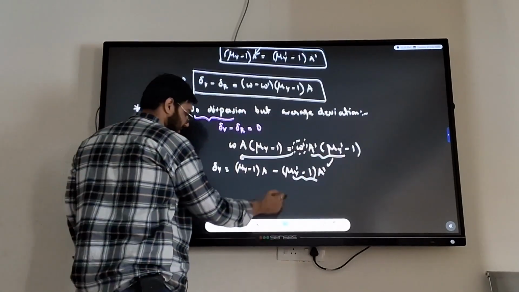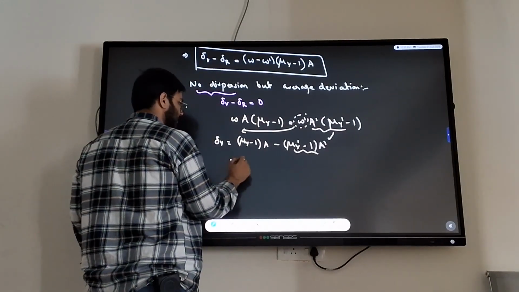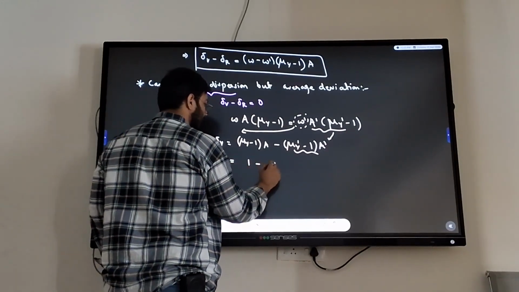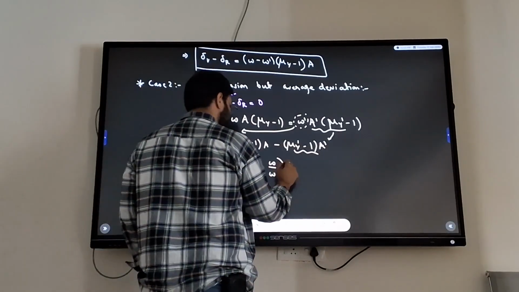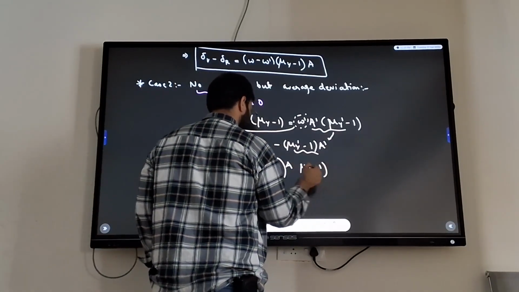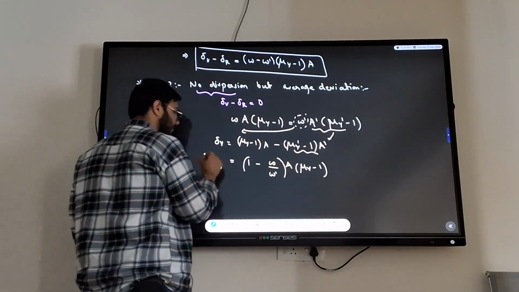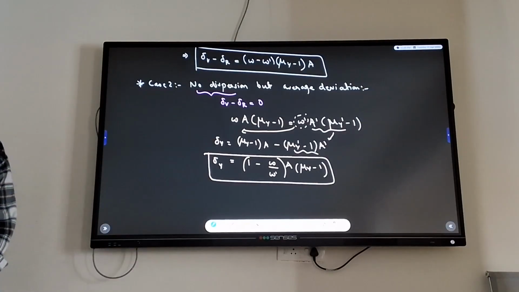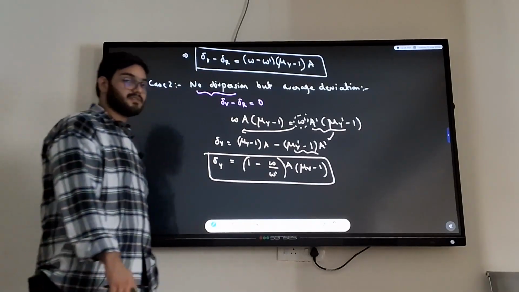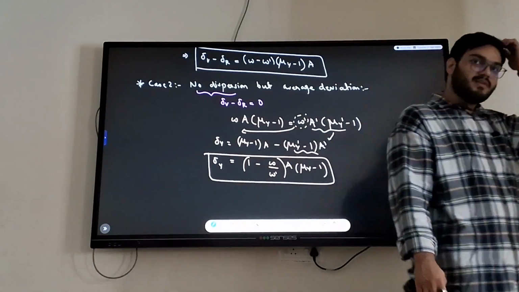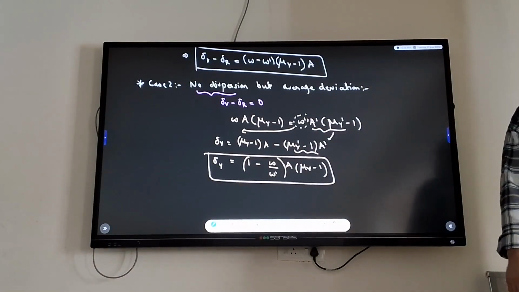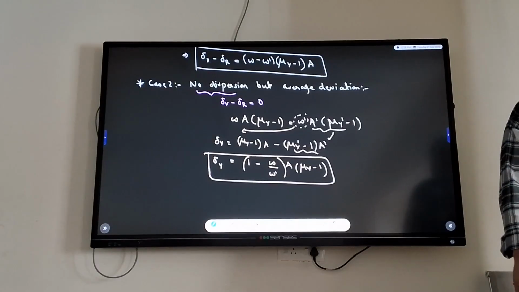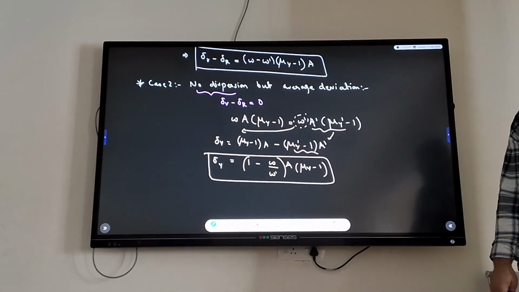And then I think I can take something common, and please check if my equation is correct or not. This should be delta by this thing. Is it correct? These equations may look horrendous to you, but they are very simple to do even in your head. You can do the whole thing in your head in maybe less than 30 seconds.